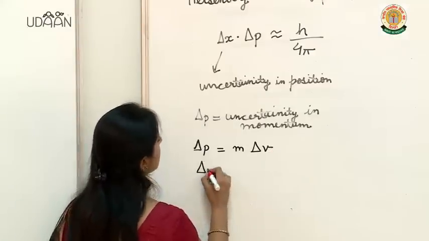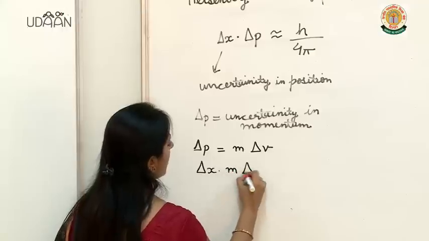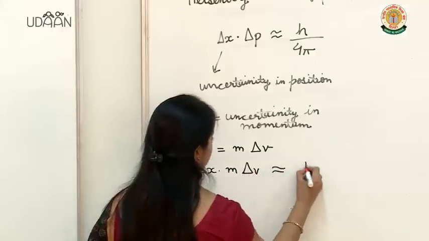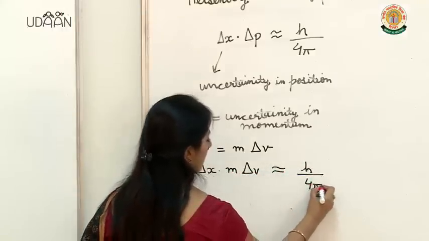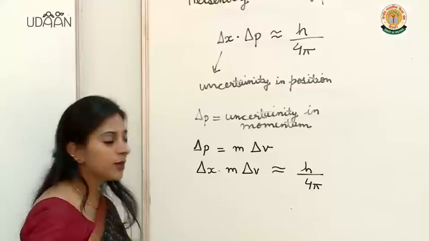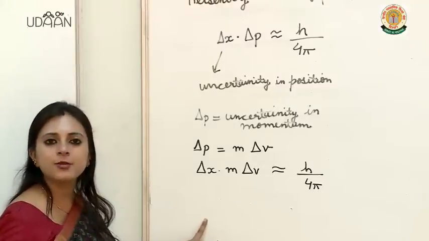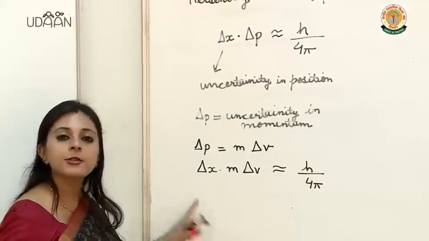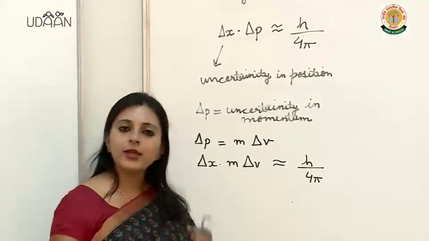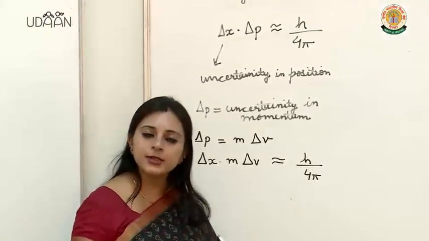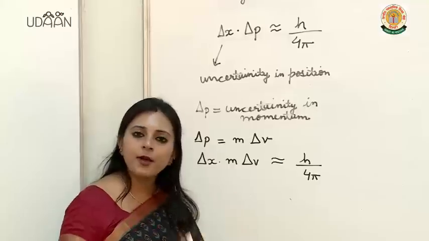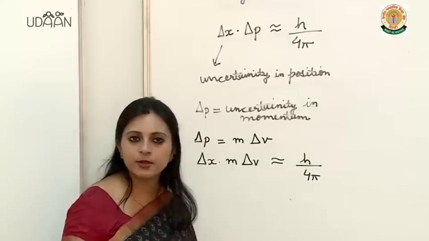So when I substitute it in the formula it becomes this. Now, using the Heisenberg uncertainty principle, I have to show why an electron cannot exist inside the nucleus and why it is only revolving outside the nucleus.